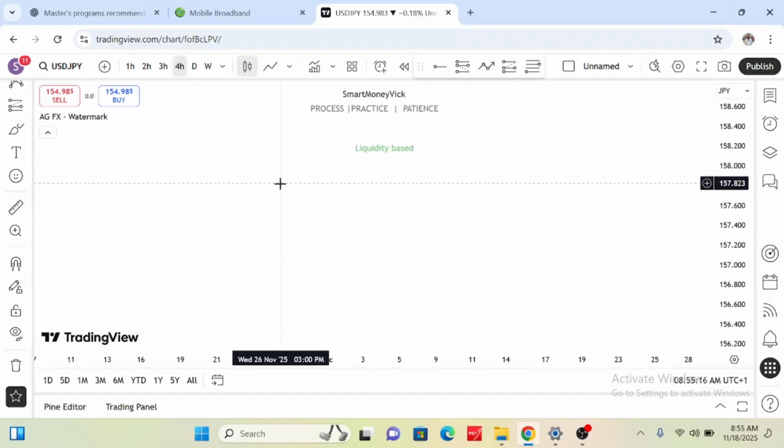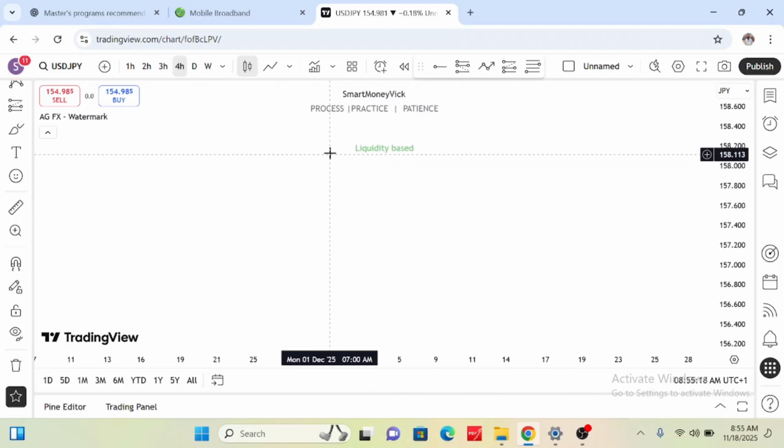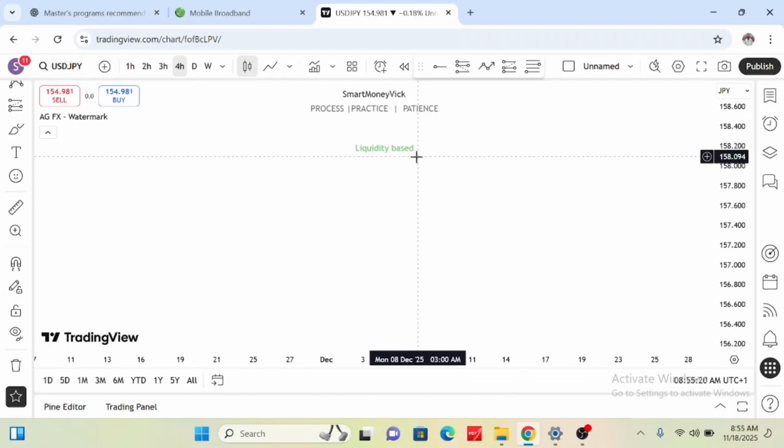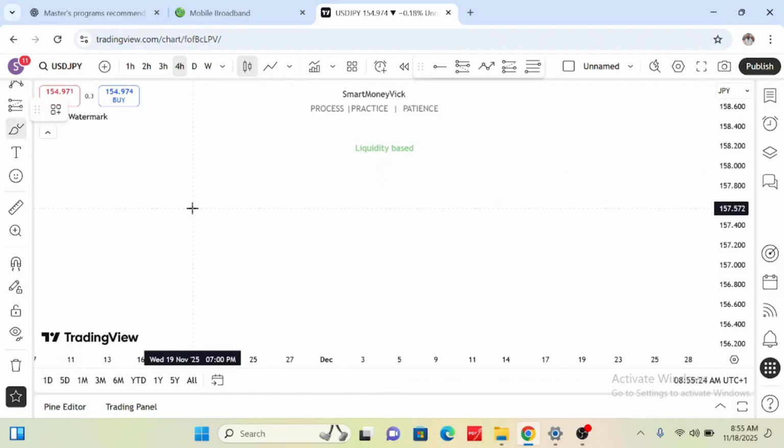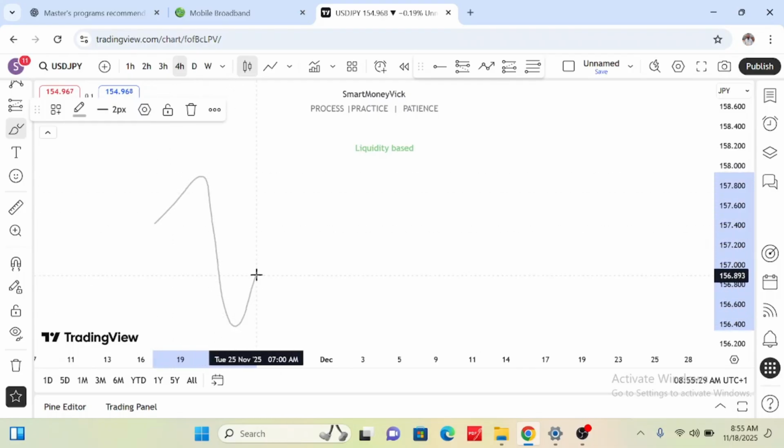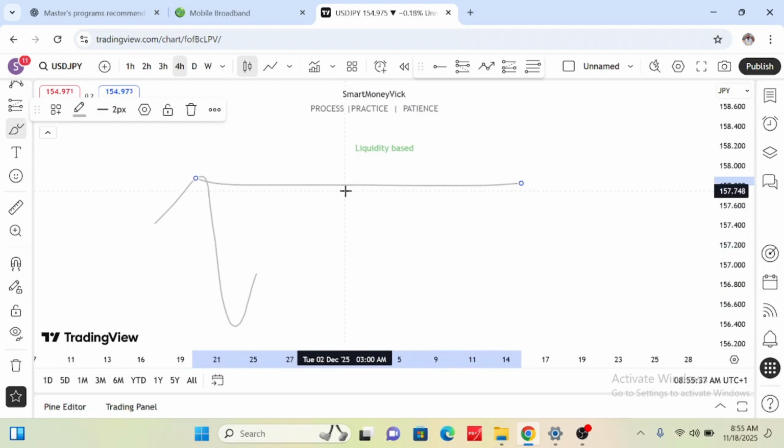The first thing we need to know is that this concept is liquidity based. According to what we said in the previous video, we established that your highs and lows, your swing highs and your swing lows, are liquidity points. We stated that your swing high here is a resistance level.